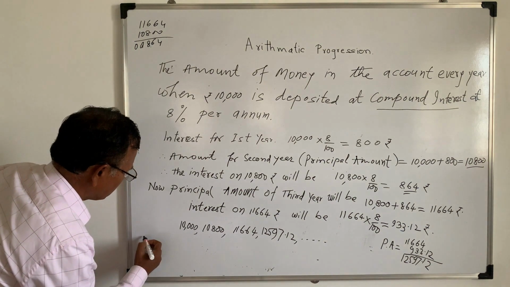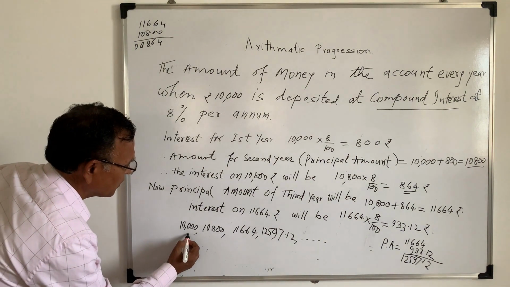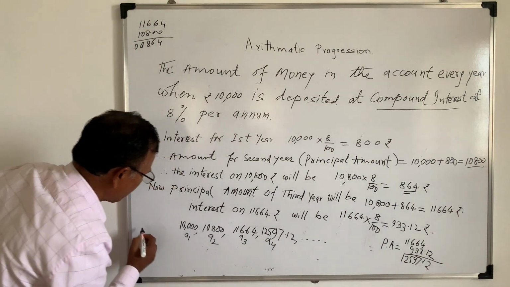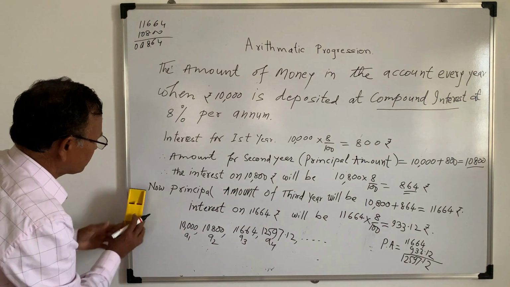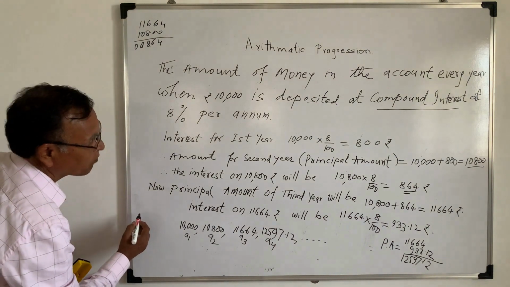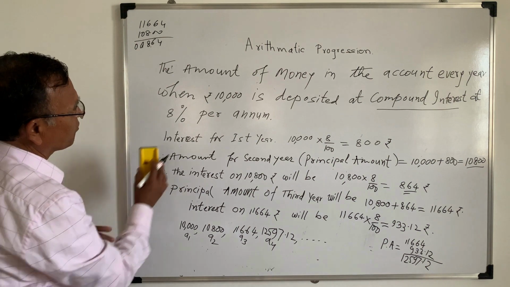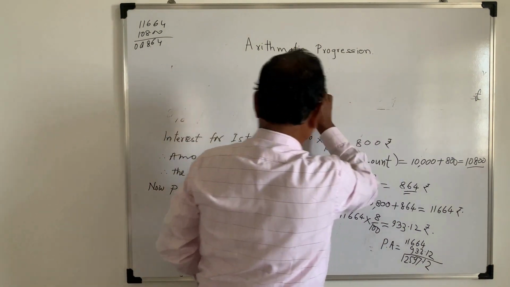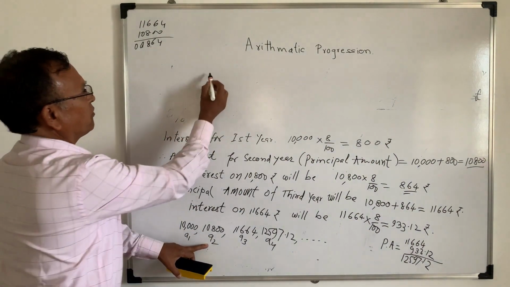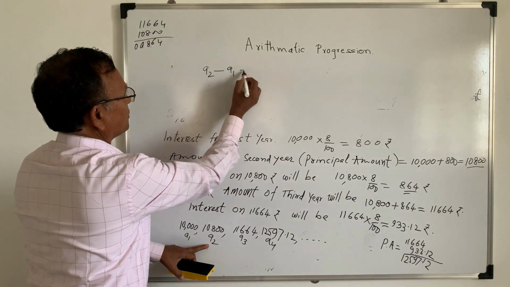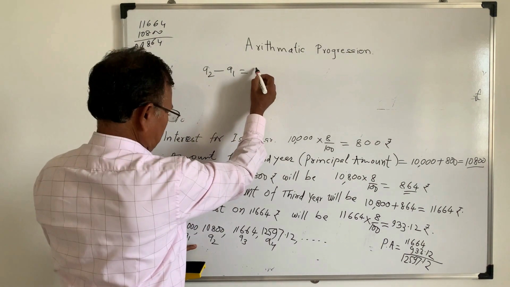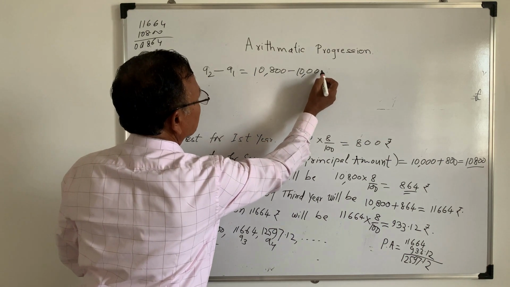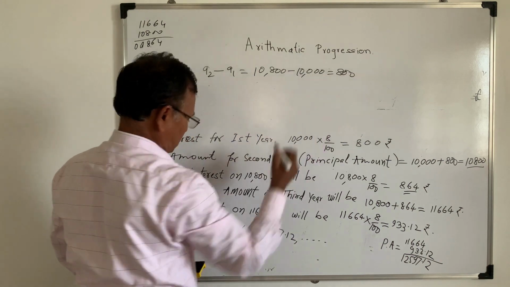You can write this as A1, A2, A3, A4. Here A2 minus A1 becomes 10,800 minus 10,000, that is 800.